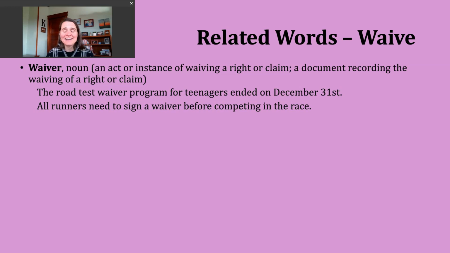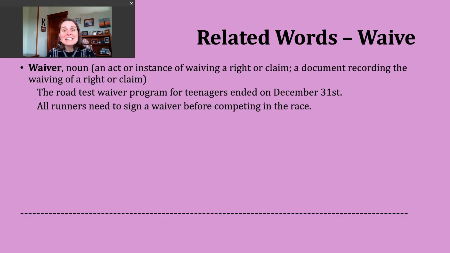This is pretty common with a number of events, things you want to participate in. You might have a lot of fine print. Many times it comes down to, if you get injured, you're not going to sue us, right? We're not responsible if you get injured in something that sounds maybe like a community 5K or something of that nature.